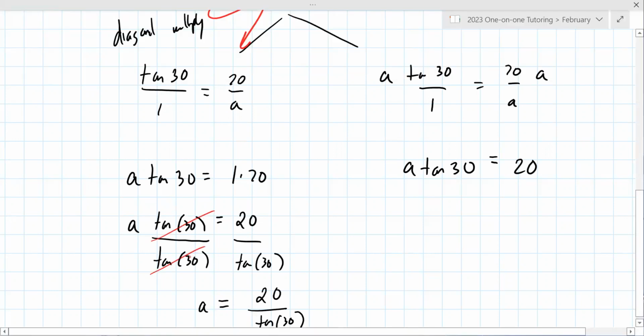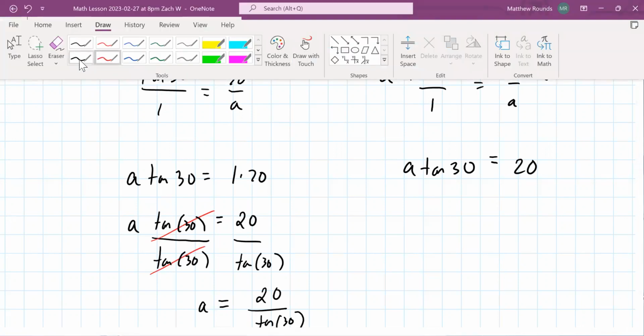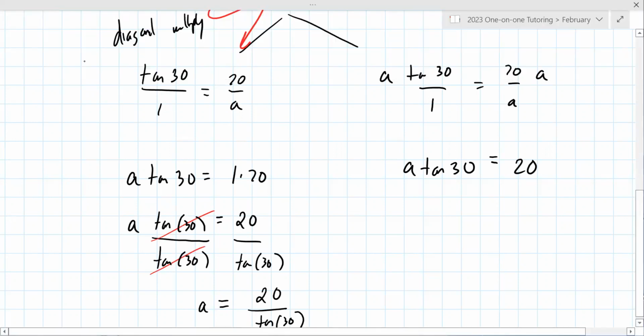Wait, so A is multiplying tangent of 30, so you're dividing it out, whatever it is.